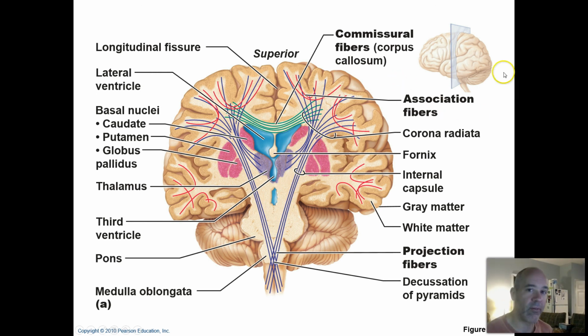That's important for association, taking things like visual information, comparing it to past memory so that you can come up with what it is that you're seeing. So those are called association fibers. The fibers that actually cross from one side of the brain to the other can be called commissural fibers. And then projection fibers here in purple are extending from the brain to other parts of the body.